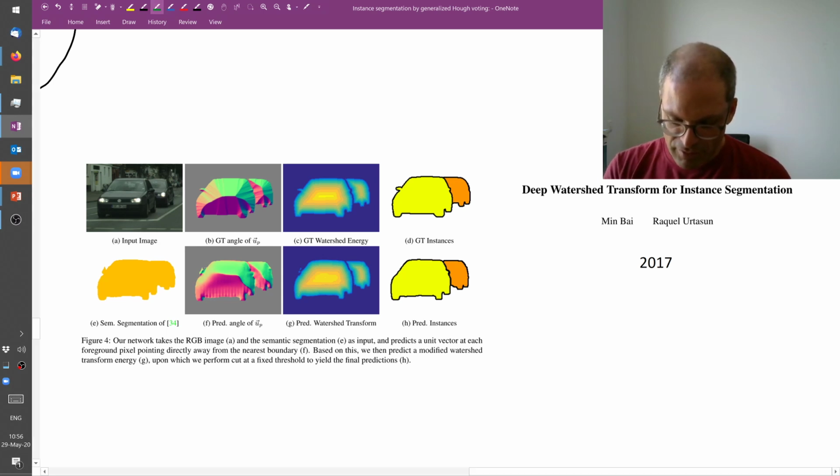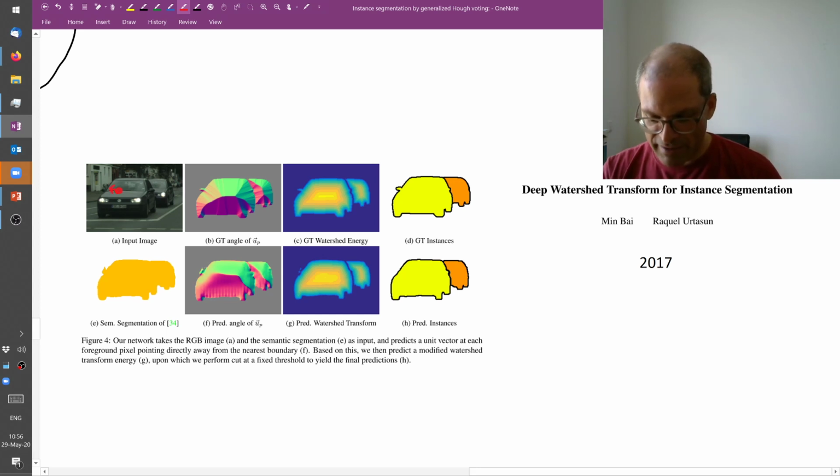So in the ground truth, we ask for any pixel in which direction does the boundary lie, and that gives you an angle for each pixel, and the ground truth angle is shown here. And then you can just learn that in a supervised fashion. So that would be a regression problem.